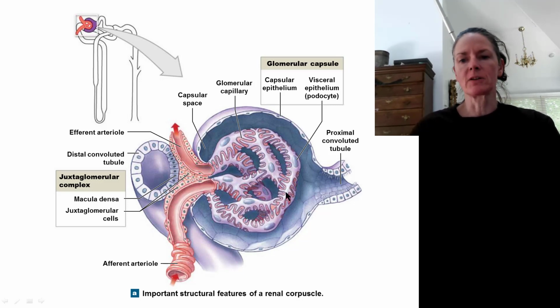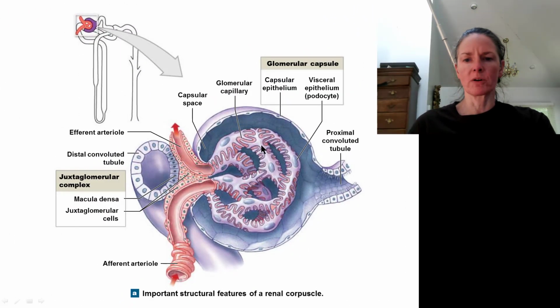So that basically is going to mean that the capsular colloid osmotic pressure will be virtually zero. So unless something happens and there's damage to the glomerulus and to this filtration system and albumins are getting out, then we can consider the capsular colloid osmotic pressure to be zero.